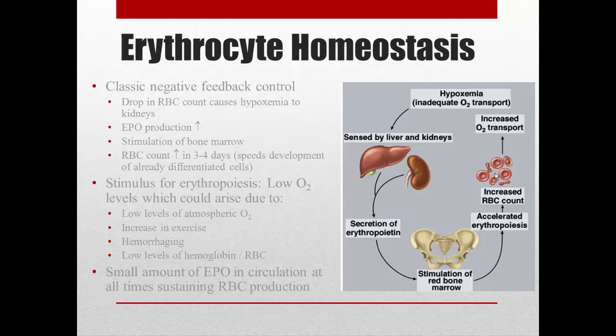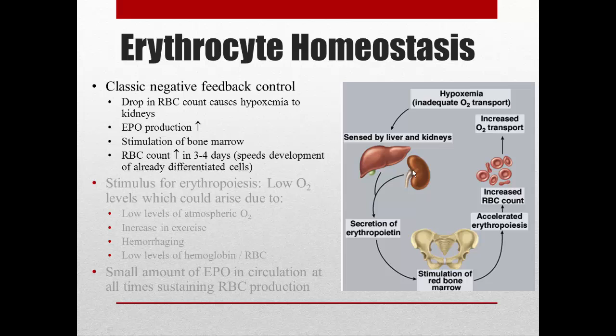Now, erythropoiesis is maintained by a classic negative feedback mechanism. It's tied in with oxygen levels. Anytime you have low oxygen levels, we're going to trigger the production of more red blood cells to deal with that low oxygen. Up here you can see hypoxemia, which means inadequate oxygen transport.